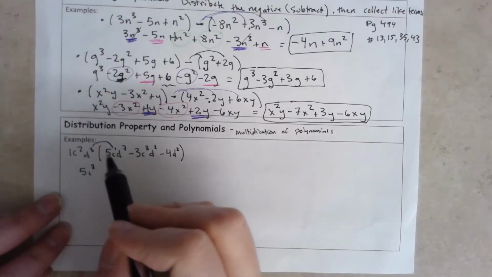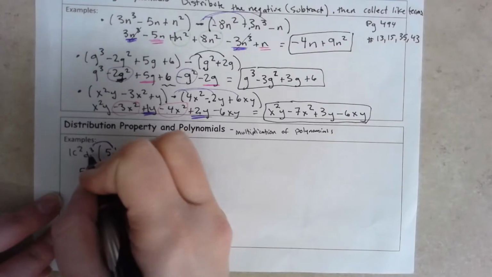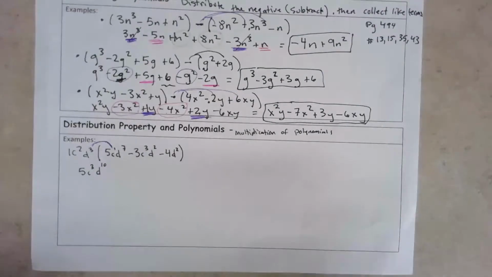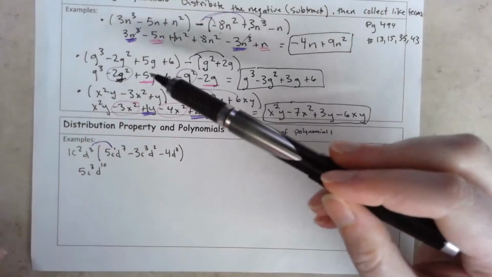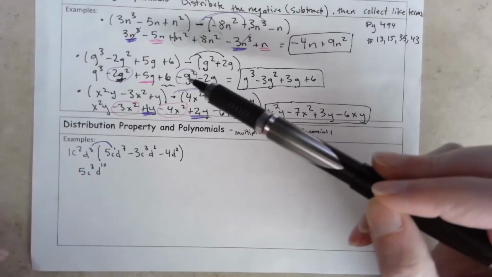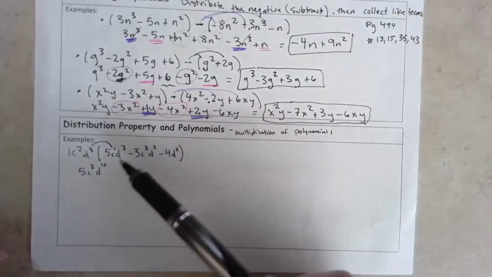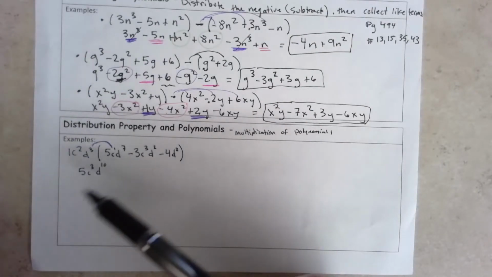And then d cubed times d to the 7th will be d to the 10th, because I have 3 d's here, 7 d's here, for a total of 10 d's, which is a little bit different. If you remember, when we add or subtract like terms, we just add the numbers in front and the exponents stay the same. When we multiply, that's when our exponents are going to change.